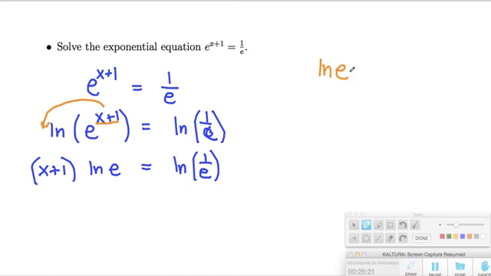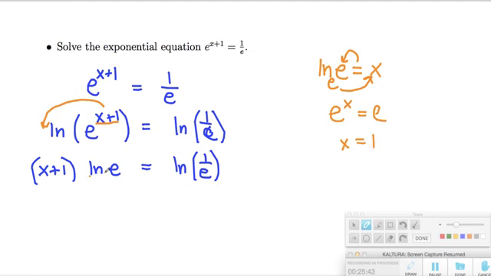Remember that natural log of e is the same thing as log base e. And if that were equal to some quantity, what that means is that e to the power x equals e in this situation. So the only way that e to some power is going to be equal to itself is if x equals 1.